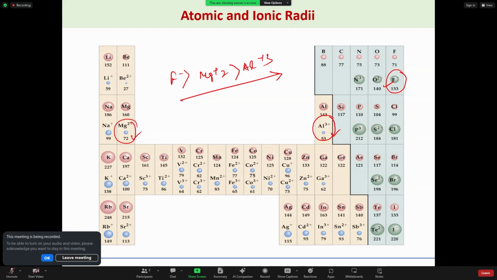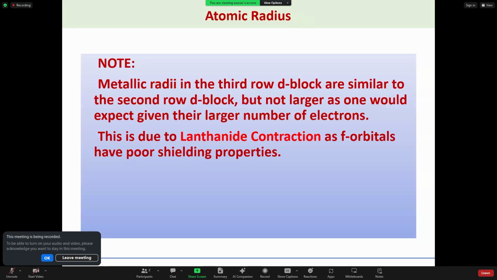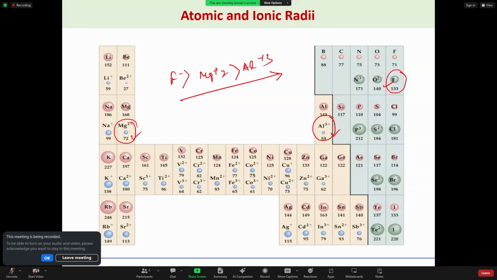But the point is that this is the Z value, the nuclear charge value.